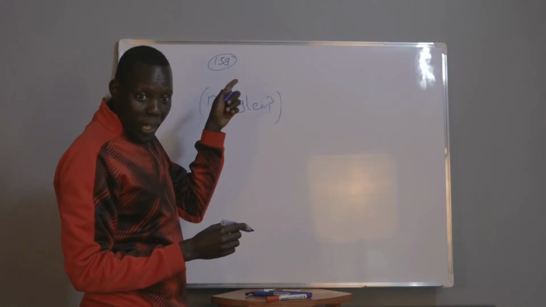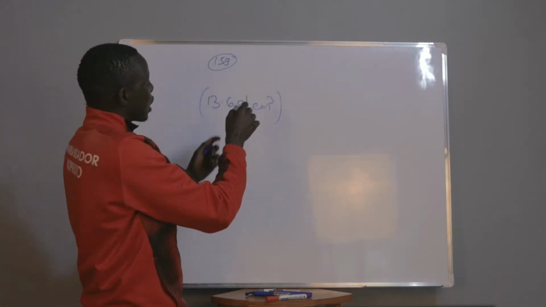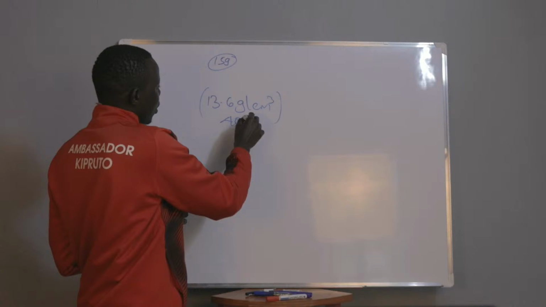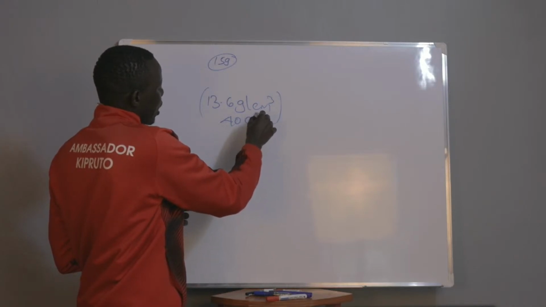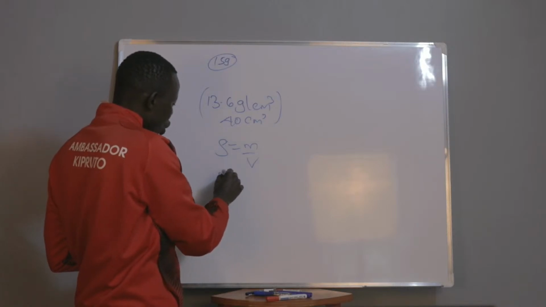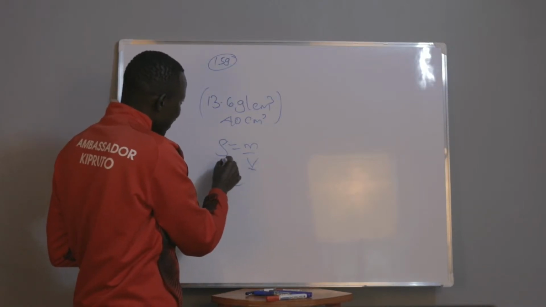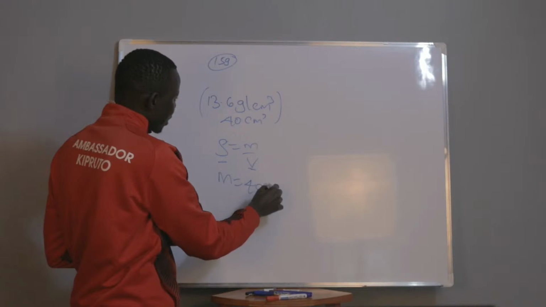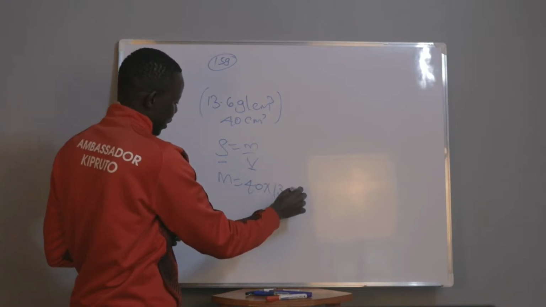Remember, what will be the volume of mercury? The same volume as the alcohol and water, which is 40 centimeters cubed. And if density is given by mass over volume, the mass will be given by volume times density, which is 40 times 13.6.